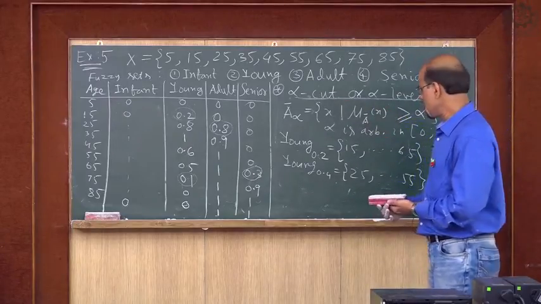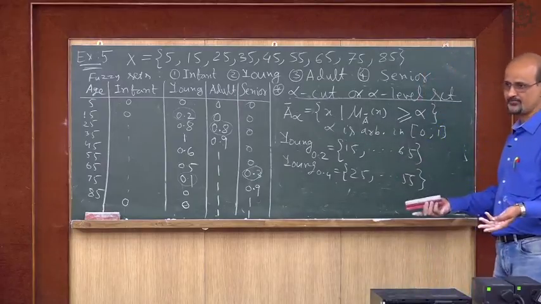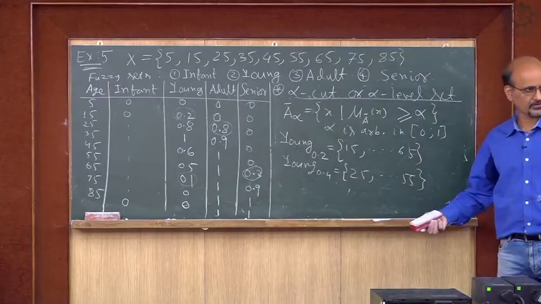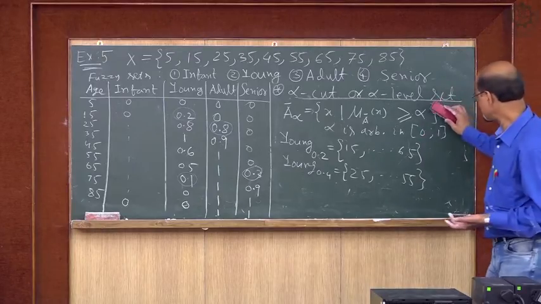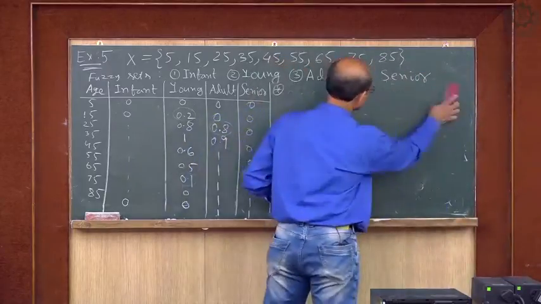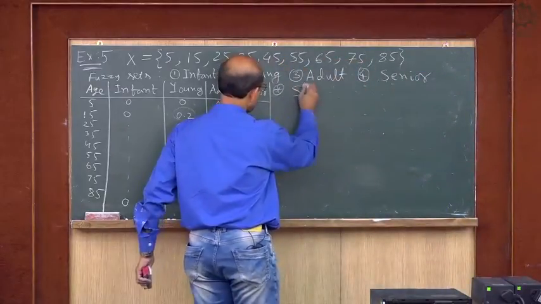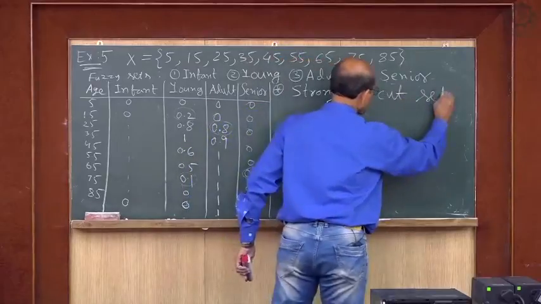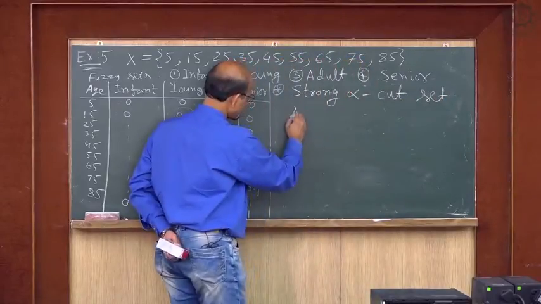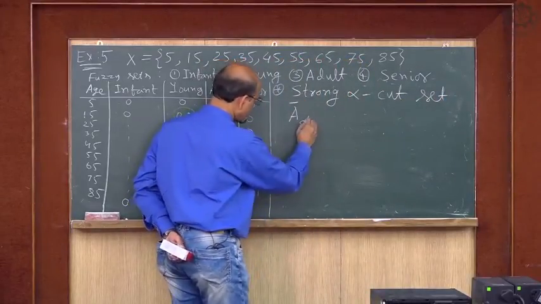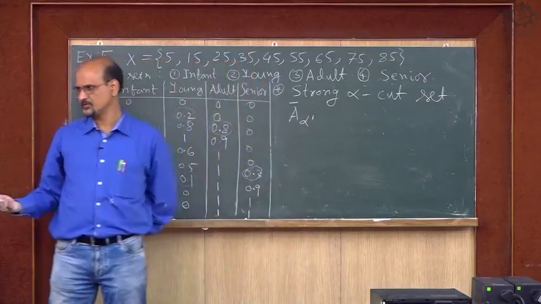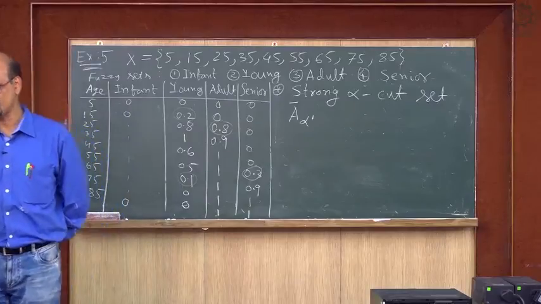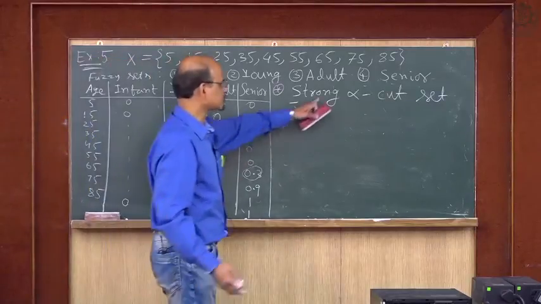Similarly, we can have a strong alpha cut, and you can imagine the definition will then be greater than alpha. So let us write that, strong. The definition will be A bar, I will now define alpha dash, just a notation to distinguish alpha as alpha cut and alpha dash as strong alpha cut.